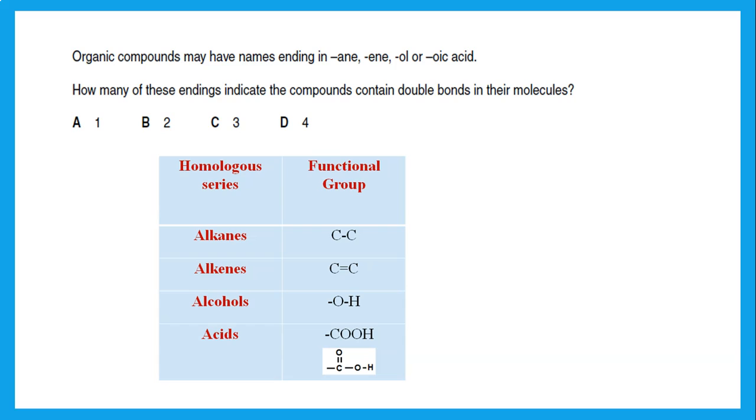Will the alcohol have a double bond? No, an alcohol has OH. But an acid has a double bond between the carbon and the oxygen. An acid must have C, double bond O, single bond OH. So how many of these contain double bonds? It is the alkene and the acid.